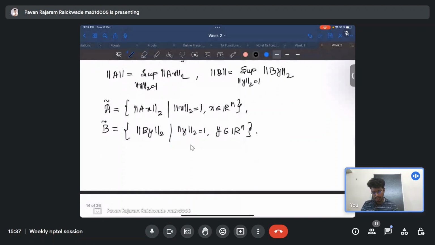My claim is that these two sets are the same. So if I prove that, I am done.